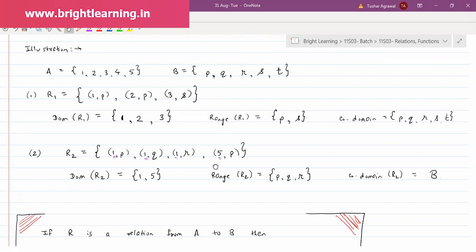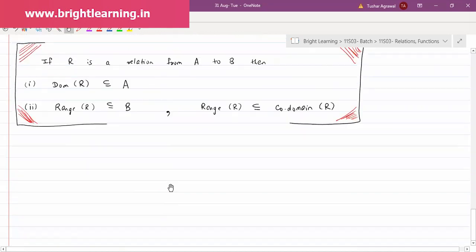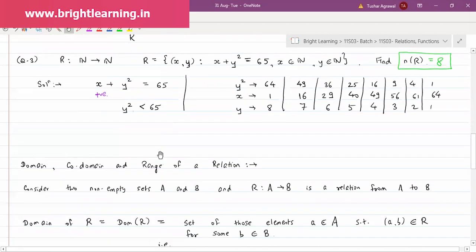So now this was the part of domain, range, and codomain. Let's also solve some questions related to this. How many questions? 3.